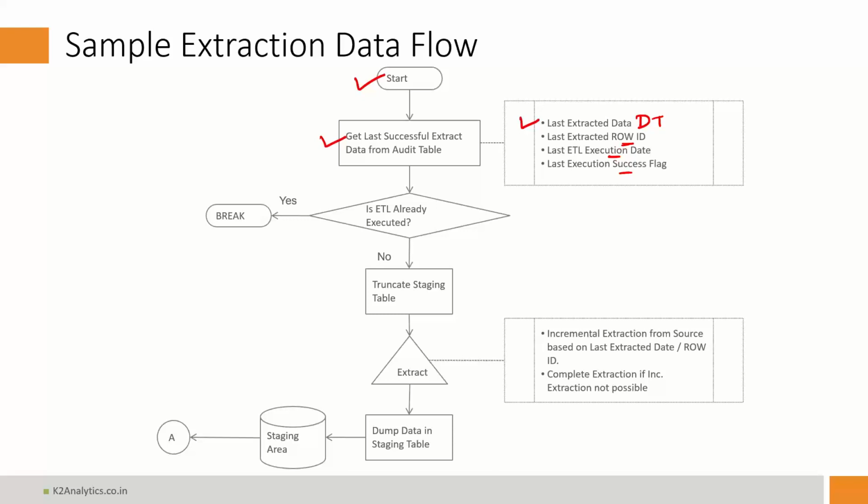So when the next ETL cycle begins, the first thing you have to do is get this information of the last successful run, the date till which data has already been extracted for a given source, the row ID. Sometimes you may not have row ID, you may only have the modified date and so forth.